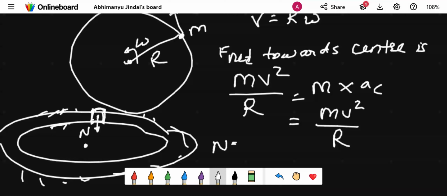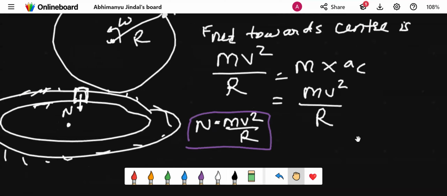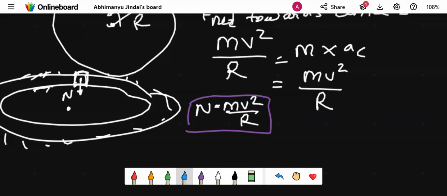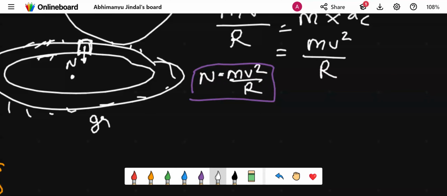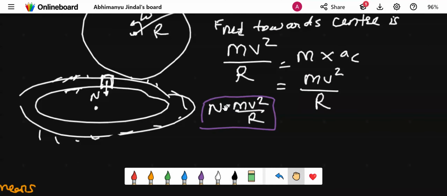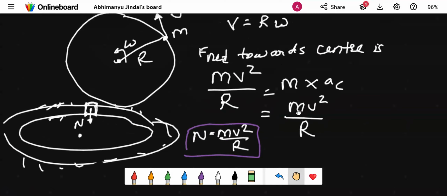Because the object goes in a circular motion, the net force is mv square by r, so the normal force equals mv square by r. A common question asks for the normal force exerted by the wall in a circular groove where the object has mass m. It's mv square by r. A question was also asked about the graph, which I'll show you in the PYQ. Just remember: normal force equals mv square by r in a circular groove.